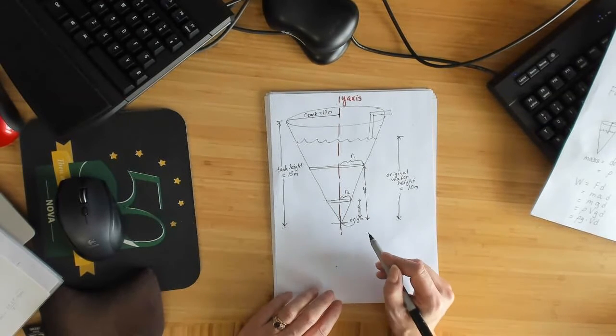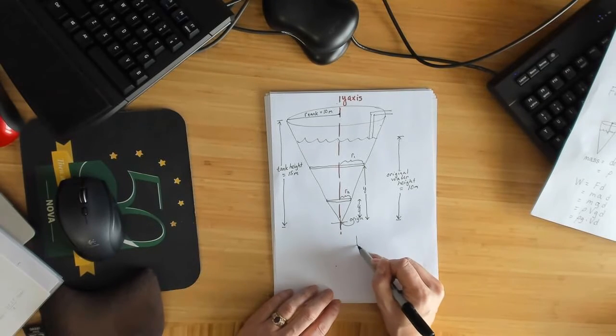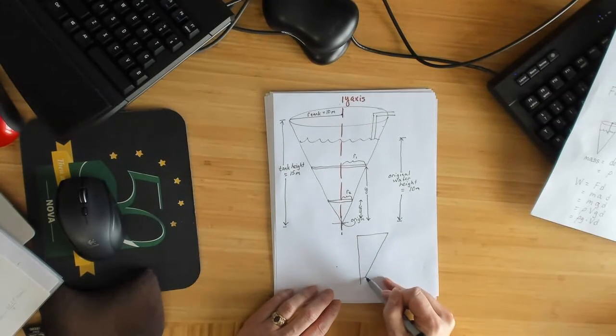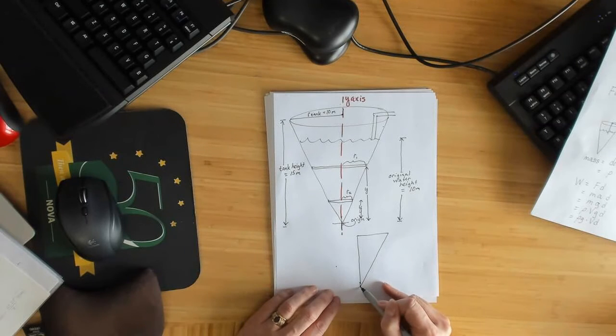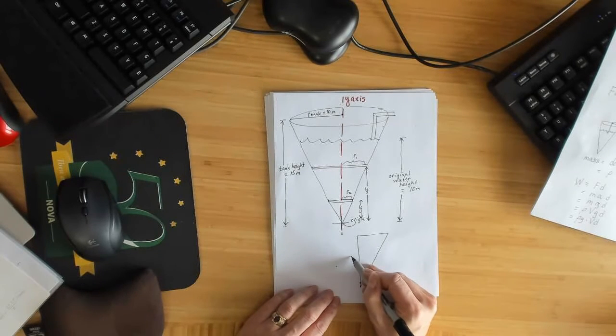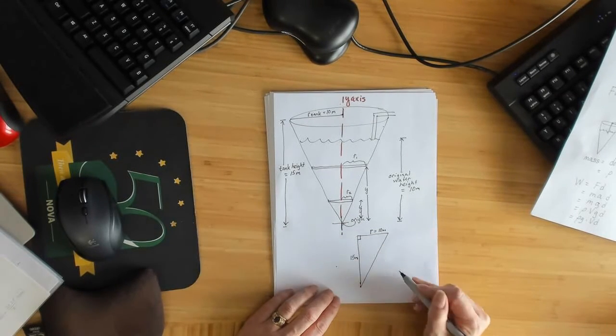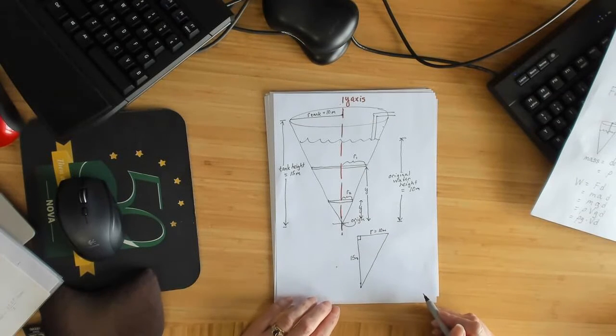If we look at the picture, do you see that I can actually draw some right triangles? This represents the original tank, where the depth of the original tank is 15 meters, the radius of the original tank is 10 meters, and this angle right here has to be a right angle because it is a right circular cone.